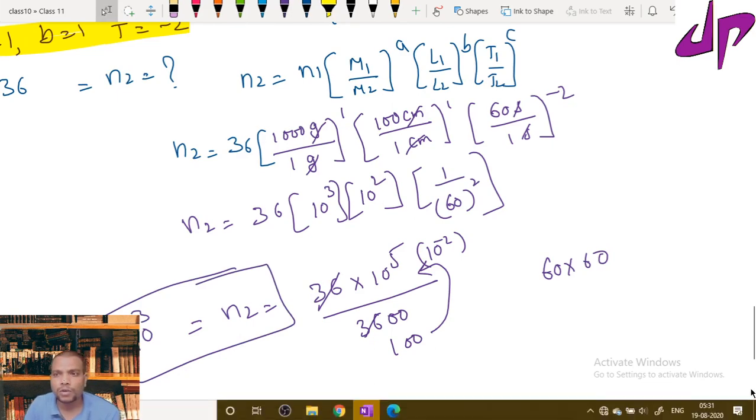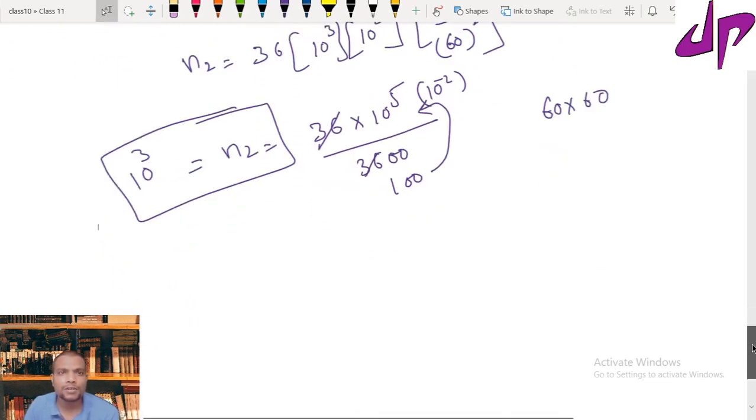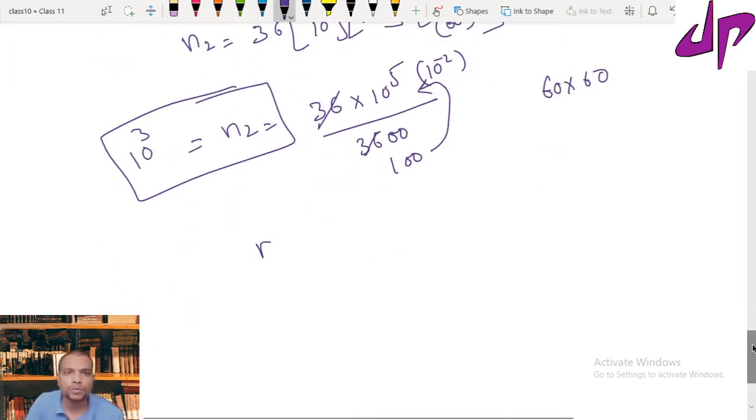So here we got the physical quantity N2 equal to 10 power 3 dyne.